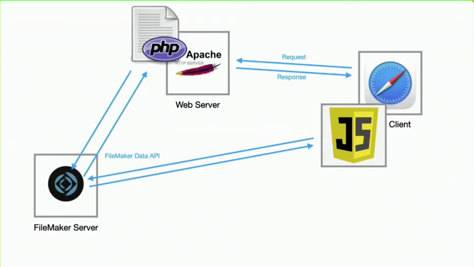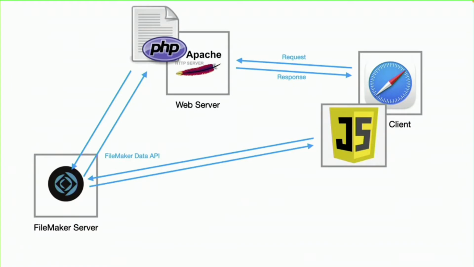You can have various languages on the web server talk to FileMaker. It doesn't have to be PHP. It can be Python. It can be ASP. It can be anything that runs on the web server. The point is that whether you talk directly to the FileMaker server or through a web server that in the backend talks to the FileMaker server.